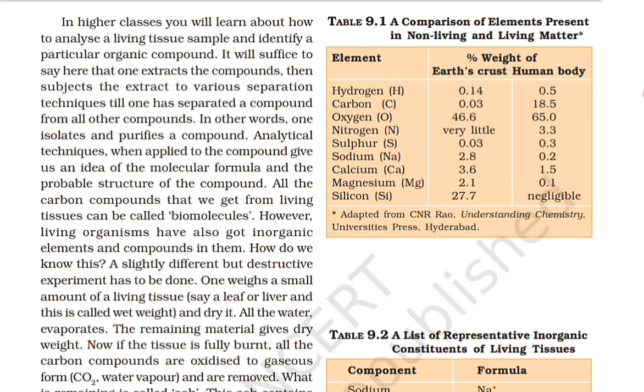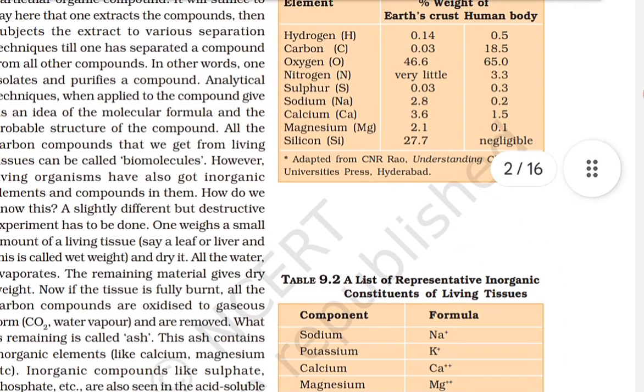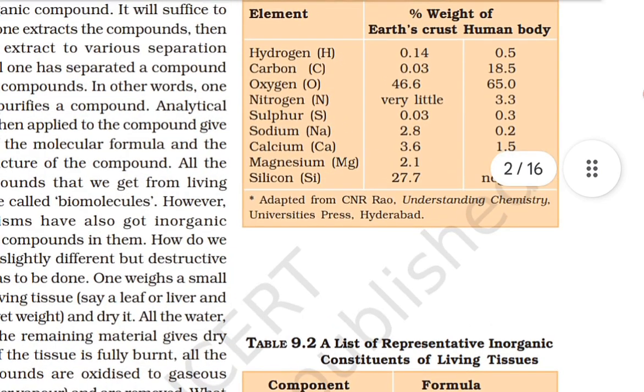Therefore, elemental analysis gives the elemental composition of living tissue in the form of hydrogen, oxygen, chlorine, carbon, etc. While analysis for compounds gives an idea of the kind of organic and inorganic constituents present in living tissues, as in table 9.2, which we will read later in the chapter.